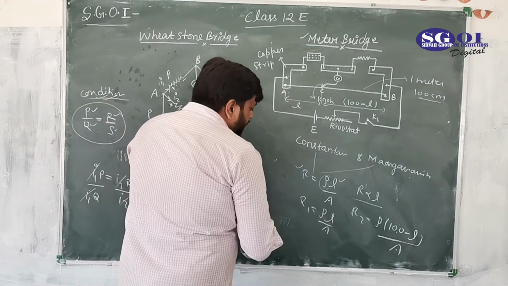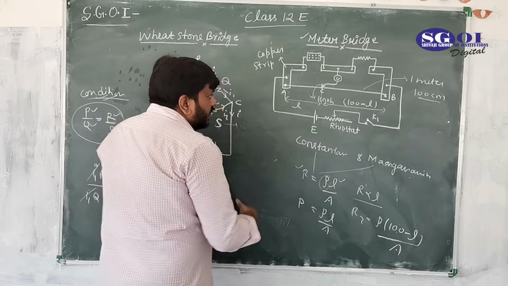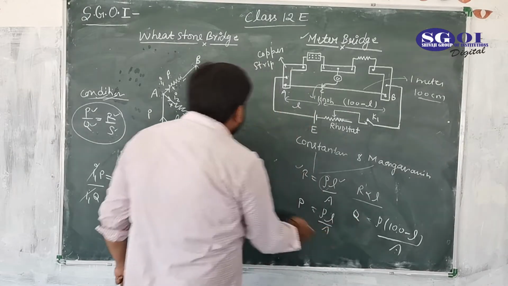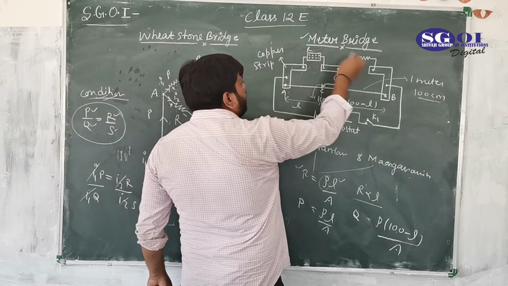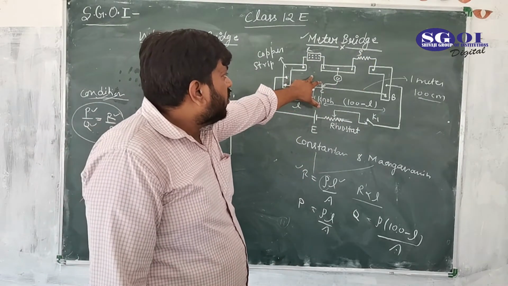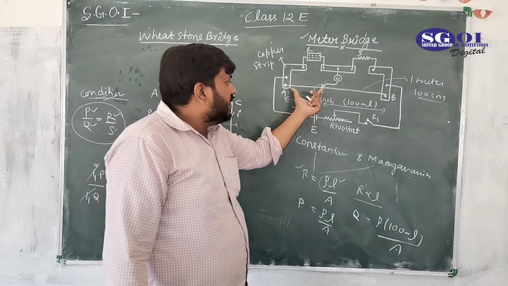I am representing the resistance of this part by P and the resistance of this part by Q. The ratio is P upon Q, and this is the resistance R, and this is the unknown resistance S. So students, the concept of the meter bridge is just like the Wheatstone bridge. Only the difference is here.